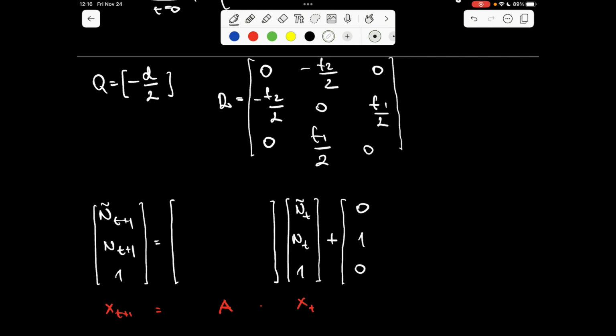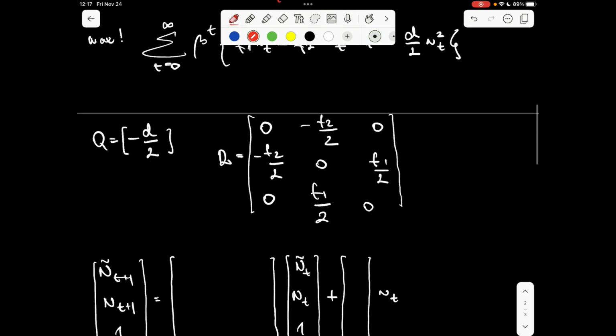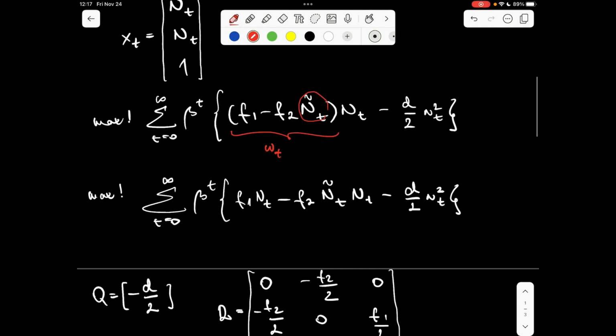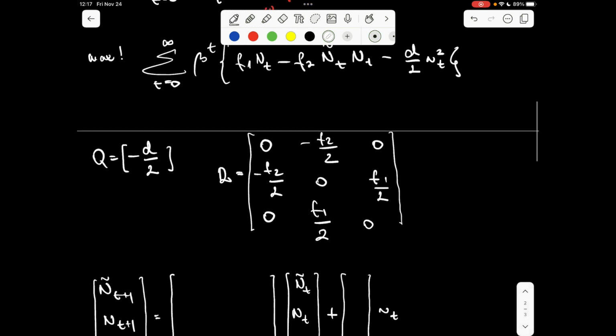Zero, 1, 0. Okay. Let's see the structure before doing anything. This is B and the control. Okay, so n, it is true that this is the state and schooling is the control variable.